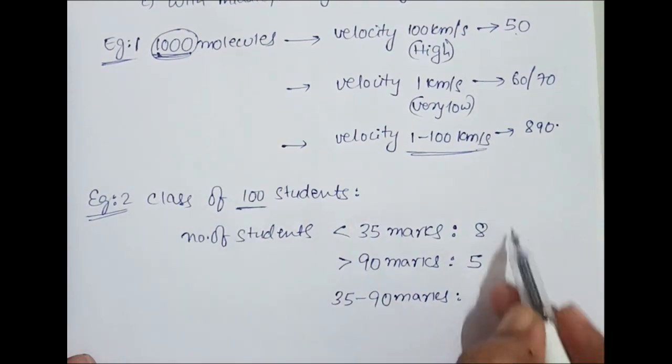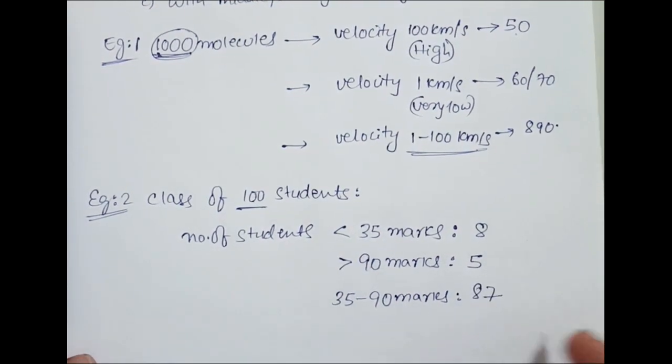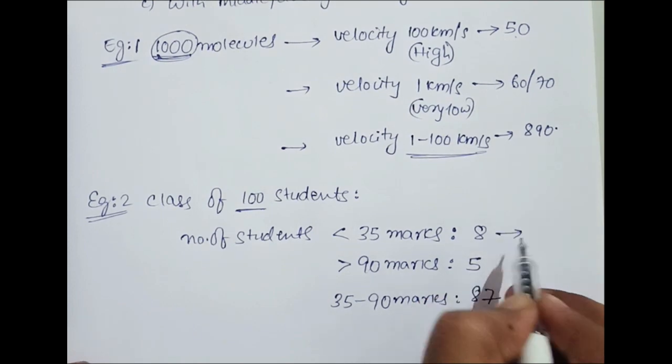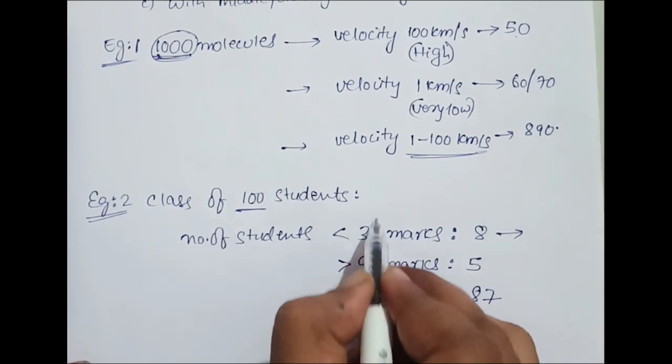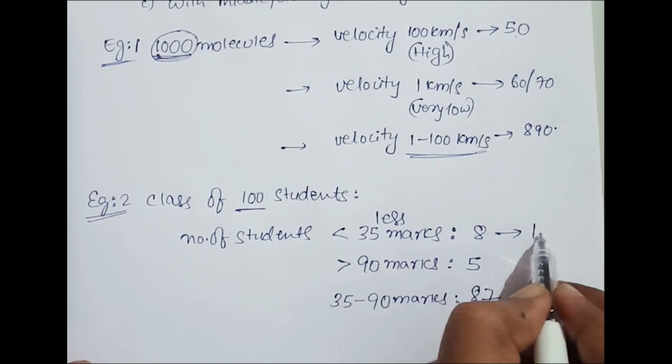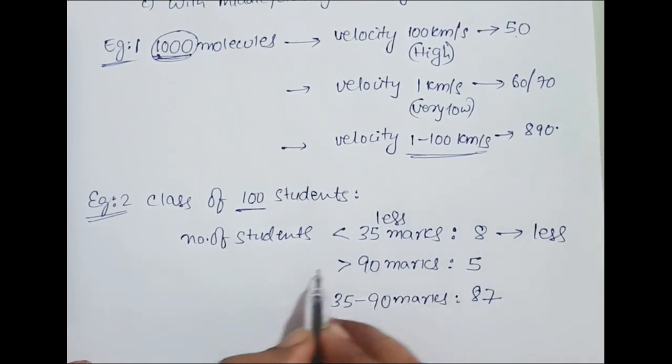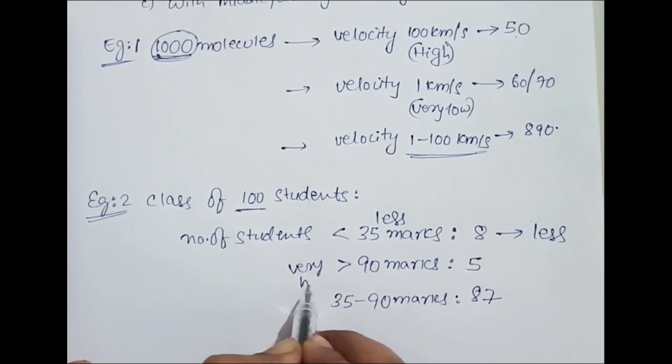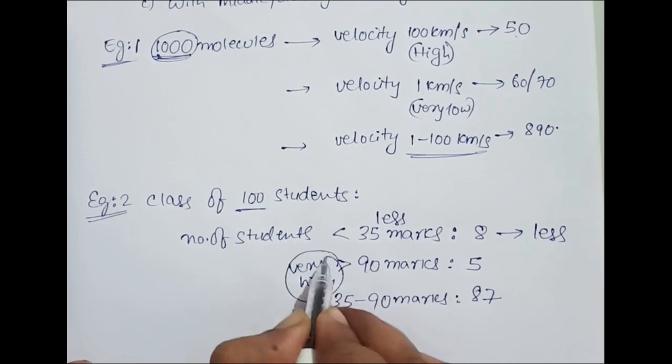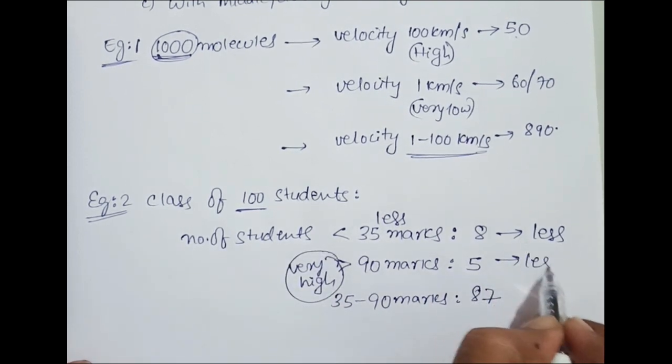Totally 100 minus 13, which means 87 students. Which means the number of students with very less marks will be less. The number of students who have got very high marks will also be less.